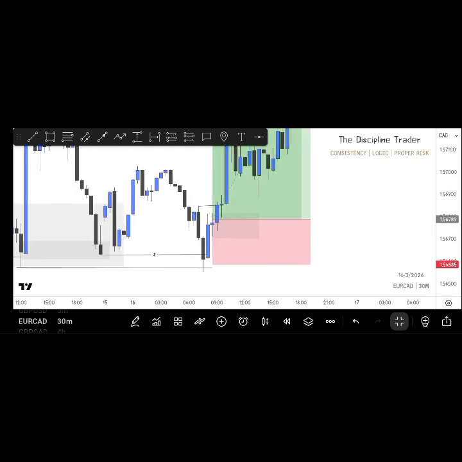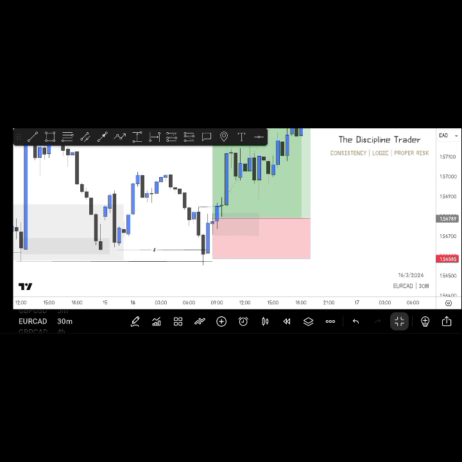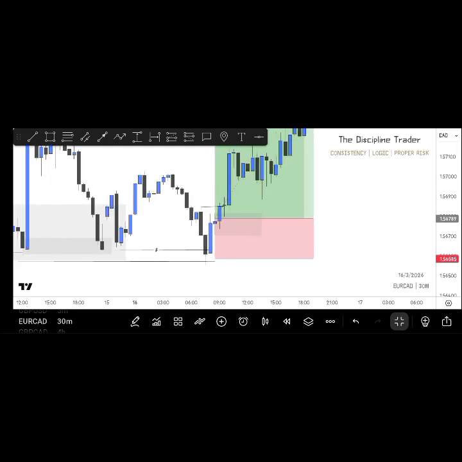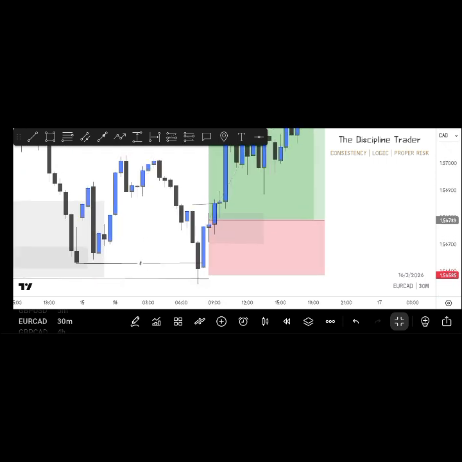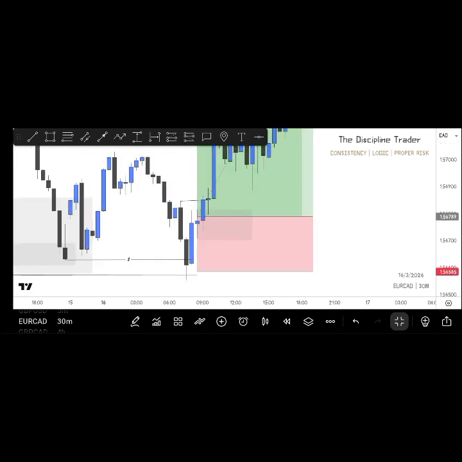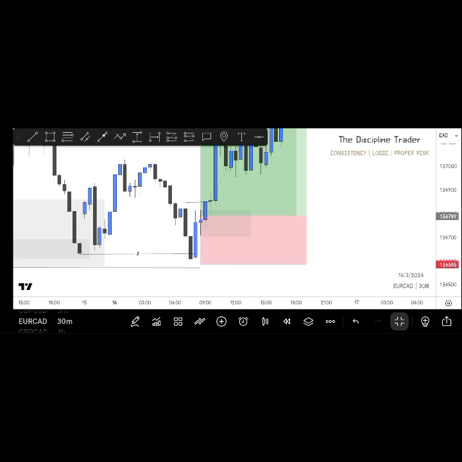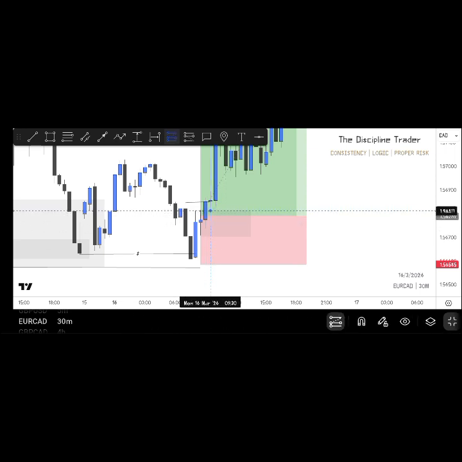Though I entered early because I was looking at the 5 minute time frame. If I had been entering with three observations, I would have entered right here, because this was after price swept liquidity. This candle went up, and you see a lot of resistance.